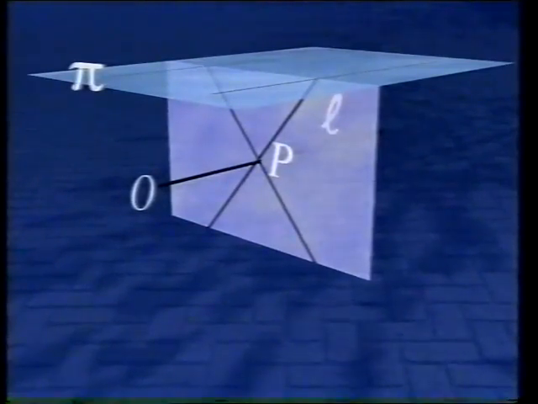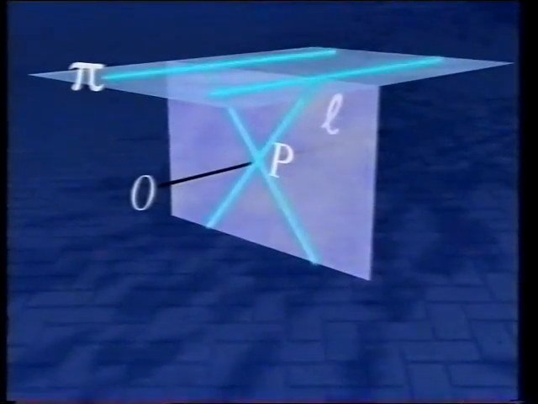But P doesn't project to any point in pi. So P must correspond to an ideal point for pi. And that means that the image lines in pi must be parallel lines. So, you can map a pair of intersecting lines onto a pair of parallel lines by perspectivity.